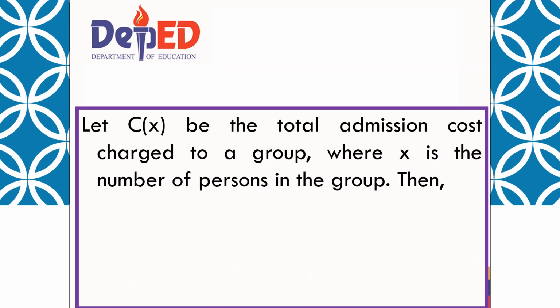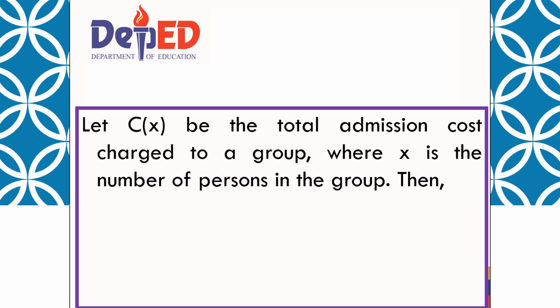So here's the answer to the problem. Let C of X be the total admission cost charged to a group where X is the number of persons in the group. You can also use F of X as the function. Pwede ding N of X, kayo bahala kung ano yung variable na gagamitin ninyo. All you have to do is to take note of the given, and then you can now write the piecewise function.